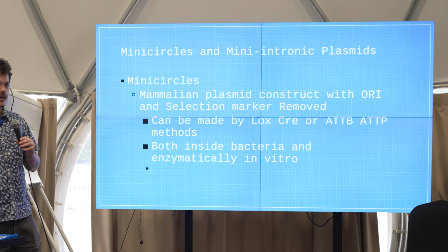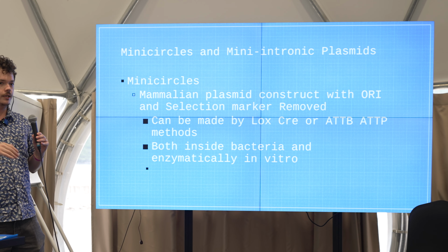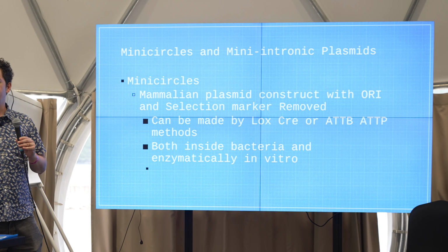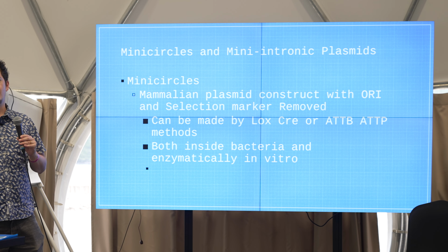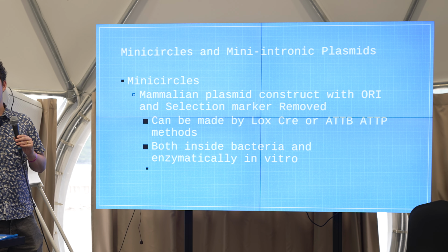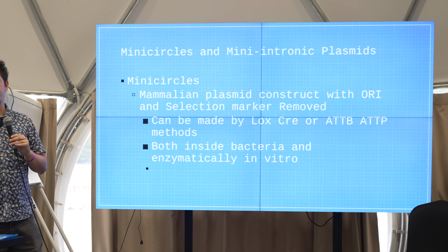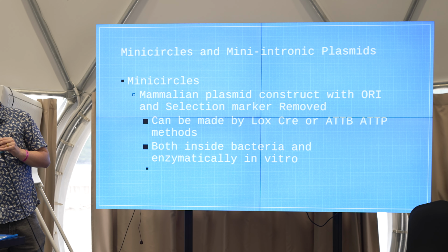And then, kind of more boringly, what we mostly work on down in Honduras for our gene therapies, mini circles and mini intronic plasmids, is essentially a mammalian construct, but we remove or hide via introns the bacterial components of the DNA, whether that's the origin of replication as well as the selection marker.